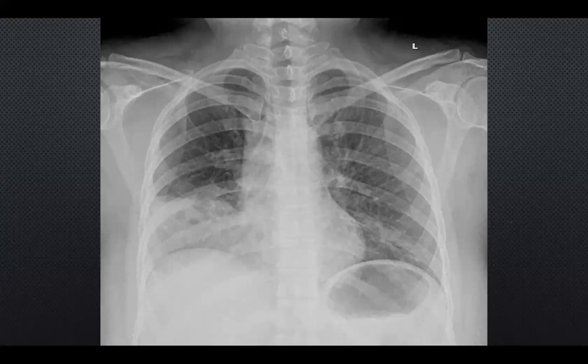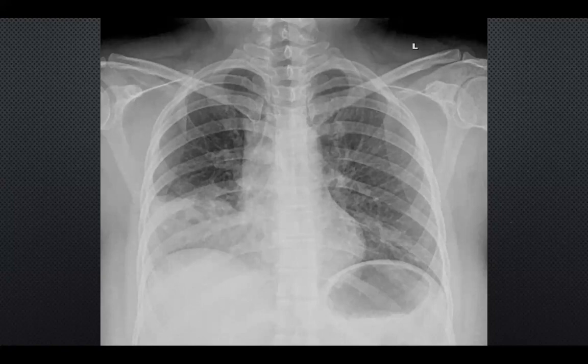So I would describe this as there is an opacity within the right mid to lower zones obscuring the right costophrenic angle. What else it's obscuring is the right heart border, I can't really see it here. Because I can't see the right heart border, I'm thinking there might be some consolidation going on around there.